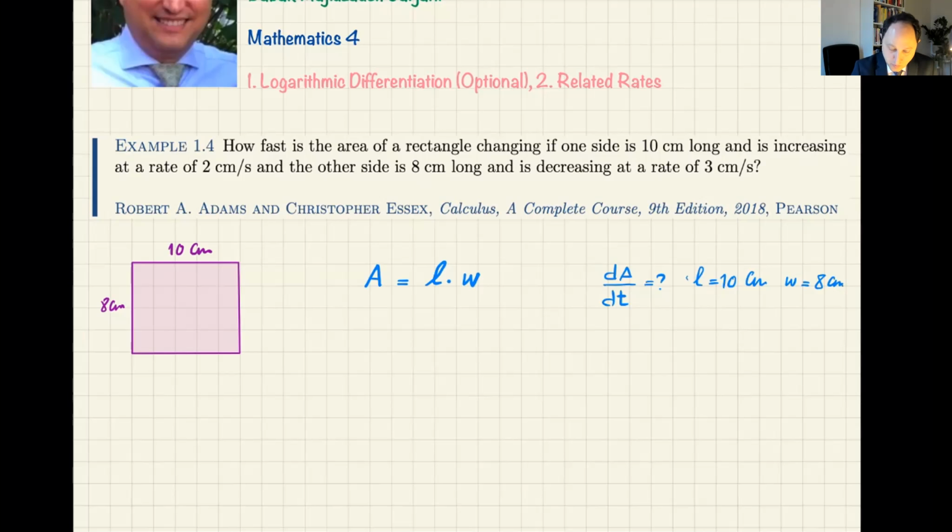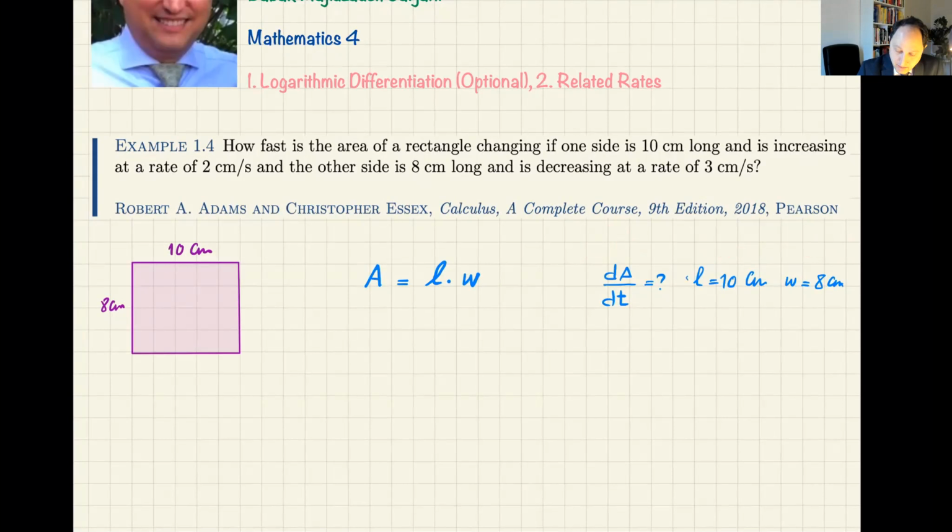So in principle, if you want to be very precise, you need to write L at a specific moment where this is 10, and width at that specific moment when W is 8, and then you are asking what would be the rates of change at that particular moment. Okay, but you don't need to be so strict. This is the information that you have, but let me translate the rest of it.